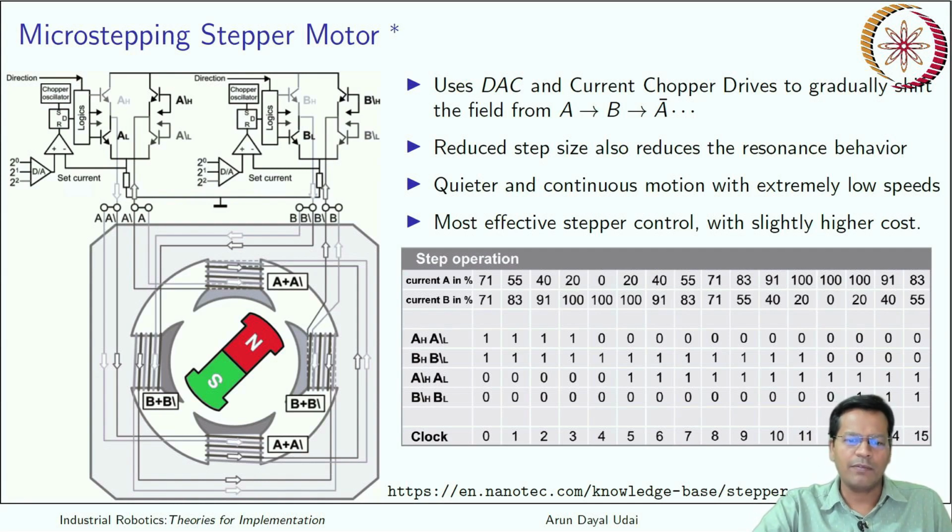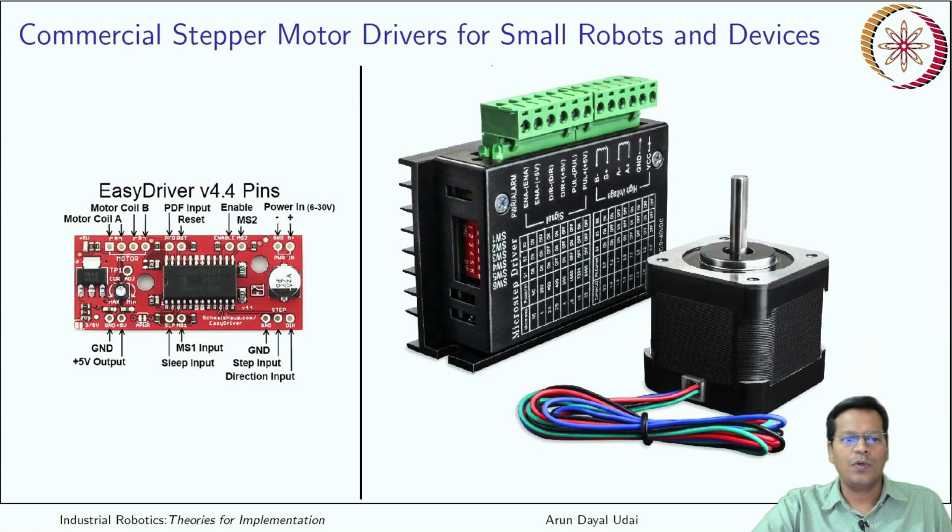So you have a chopper drive that can do micro stepping also. These are some of the commercially available stepper motor drivers for small robots and devices. This one you can club with different embedded systems and microcontrollers, because it needs a 5 volt signal to change the direction and move with every pulse.